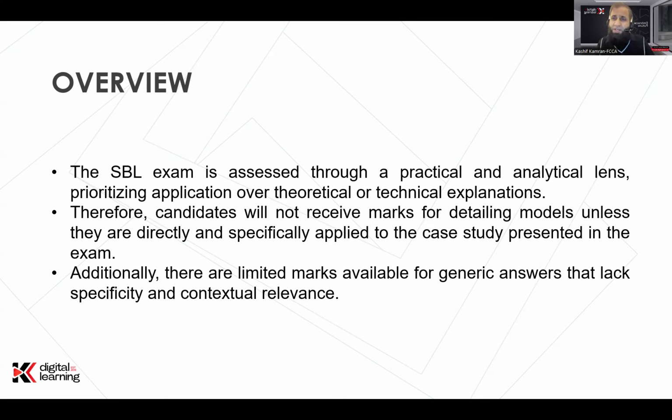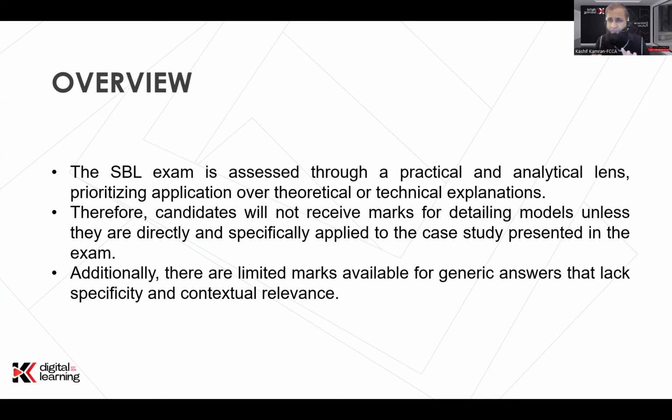At times, the student forcefully applies a model when a model isn't the best answer. At times, you see a requirement and the model, or the hint of the model, is given in the requirement, and the student picks the model and applies it.